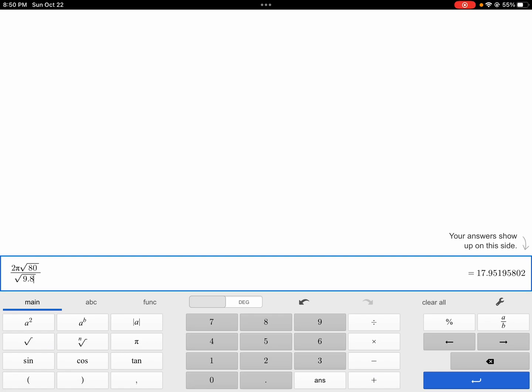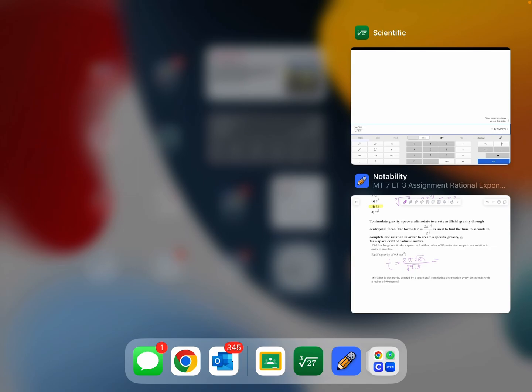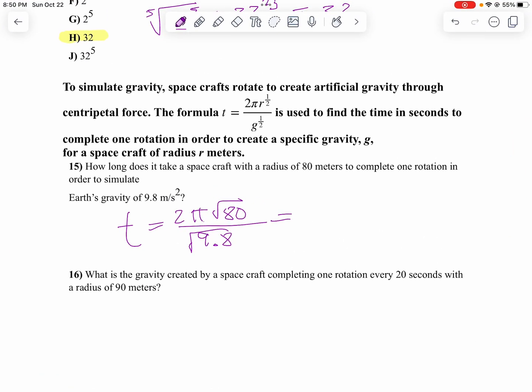And it'll take about 17.95 seconds on that one to find the time. Yeah, seconds. I just had to read that question and remember if it was in seconds or not. And that's what we'd have to do on that one.